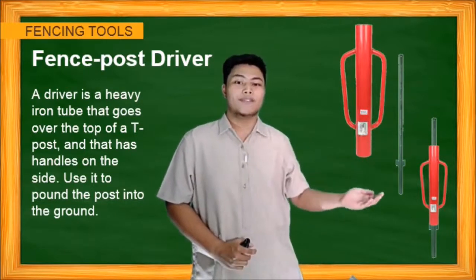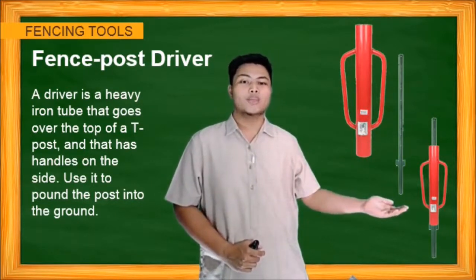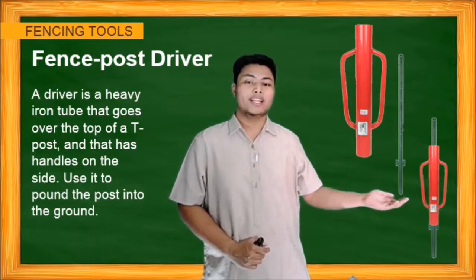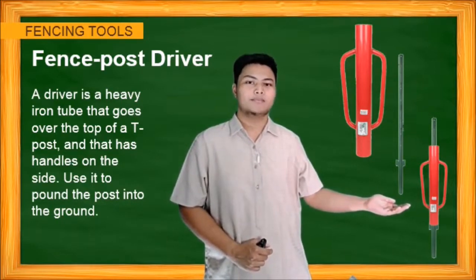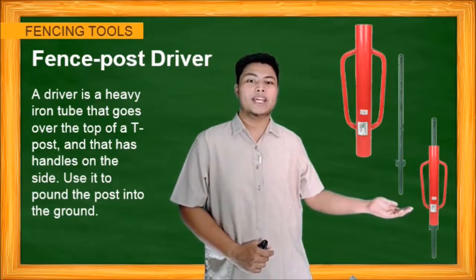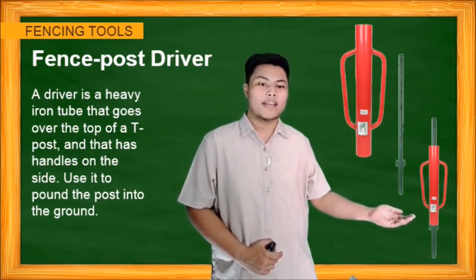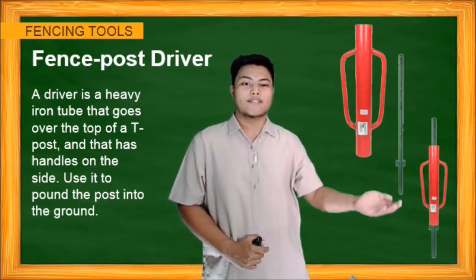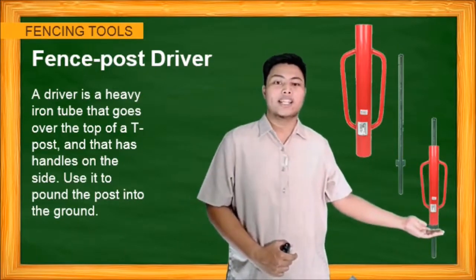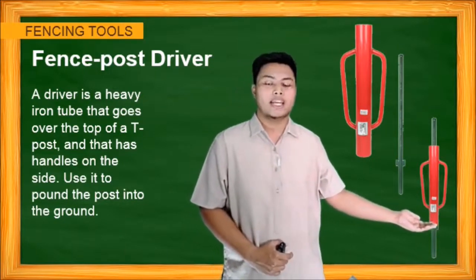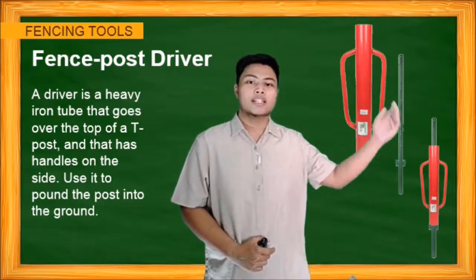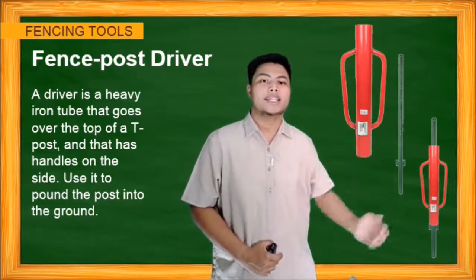This is an example of a fence post driver, while this one is a T-post. A T-post is inserted into the ground and will become our fence. You will just insert the fence post driver over the T-post and pound it to the ground. That's why it has two handles on both sides.